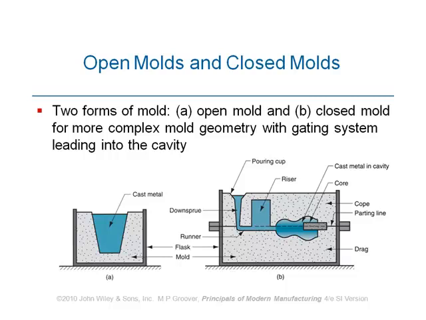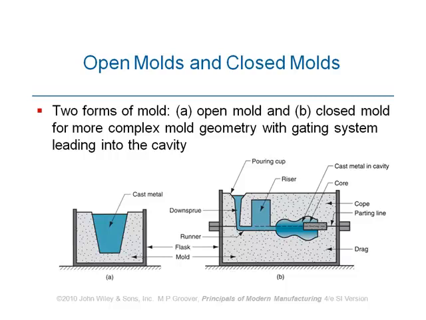So the role of the riser is to provide molten material to fill in the void spaces produced in the part during the solidification process. Something which is important to us as engineers: we've got to be sure that we have designed the cavity and the riser in a way that the riser solidifies after the part.